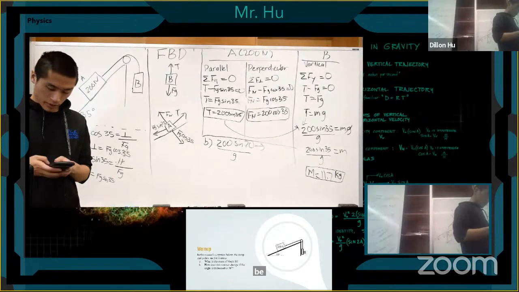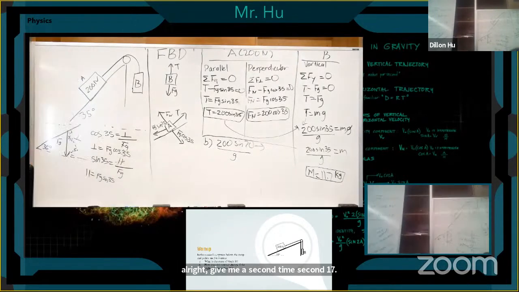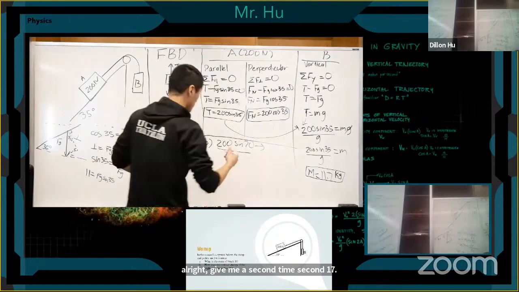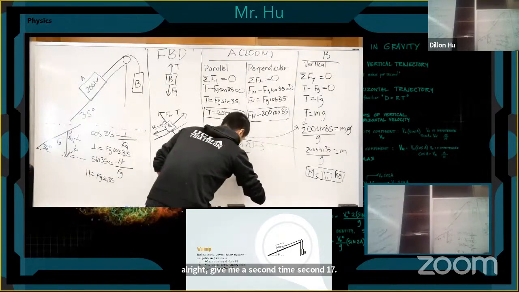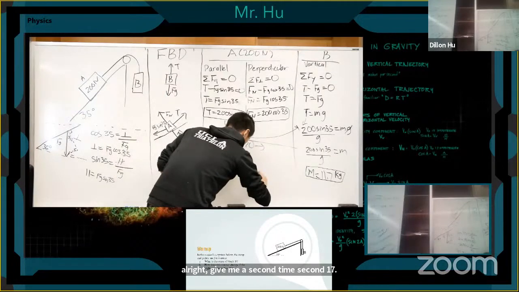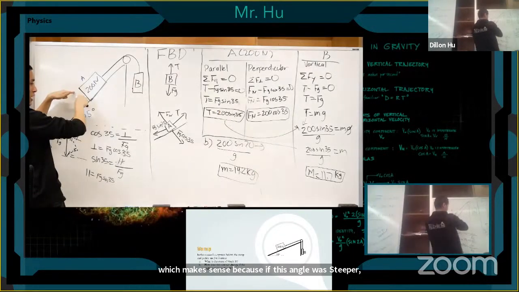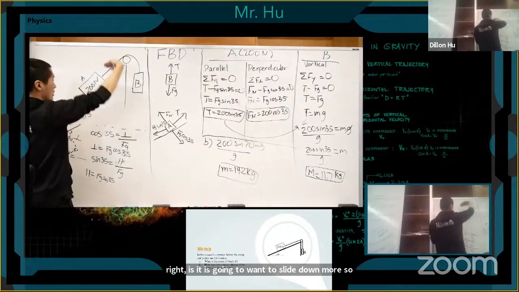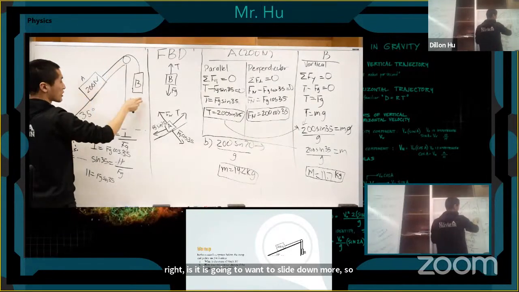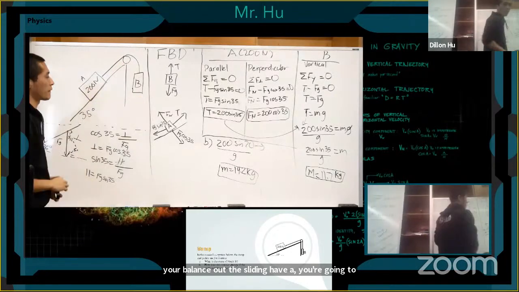It should be 19.2. Which makes sense, because if this angle was steeper, A is going to want to slide down more. So in order to balance out the sliding of A, you're going to need a bigger object B.